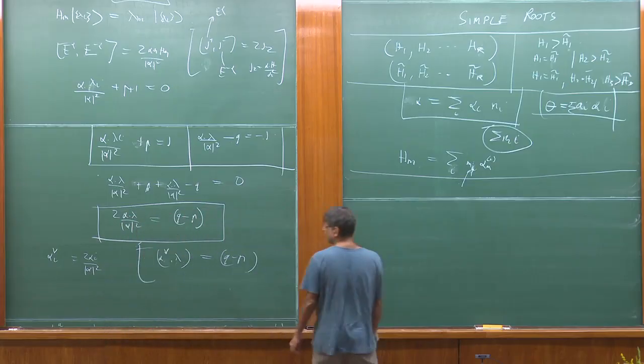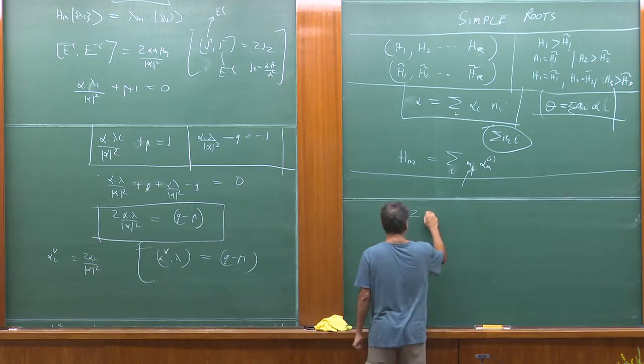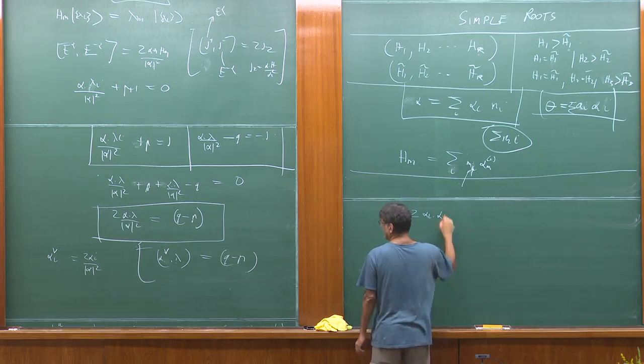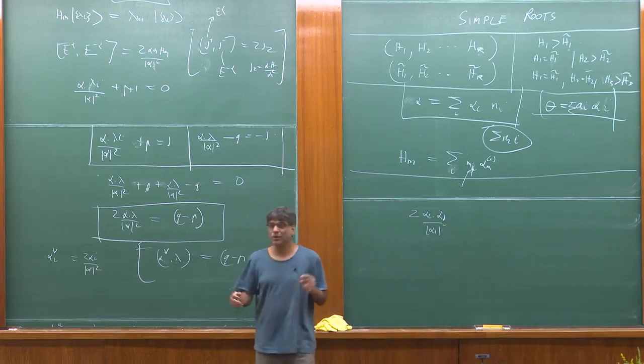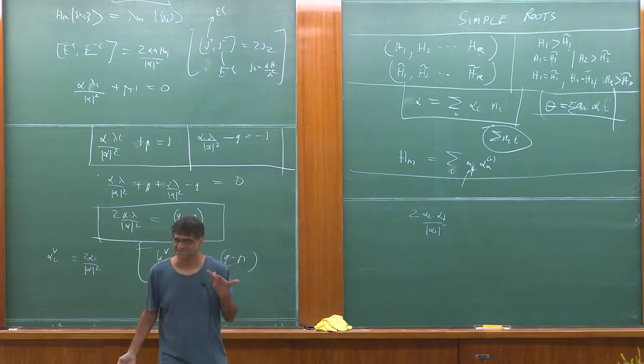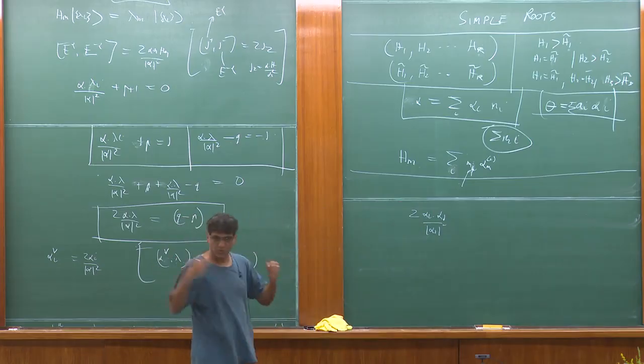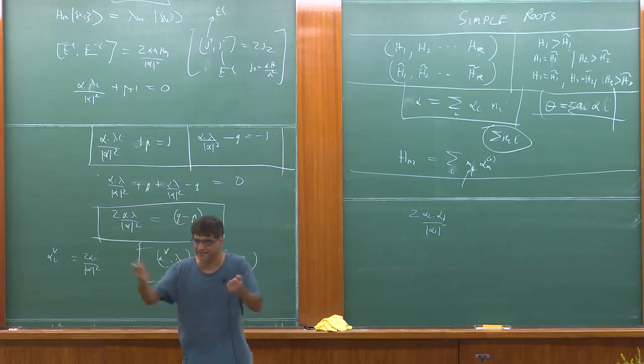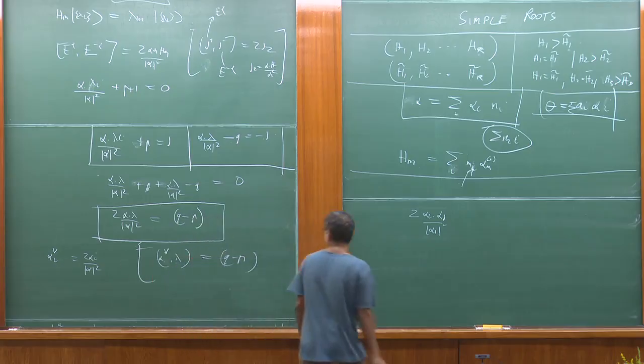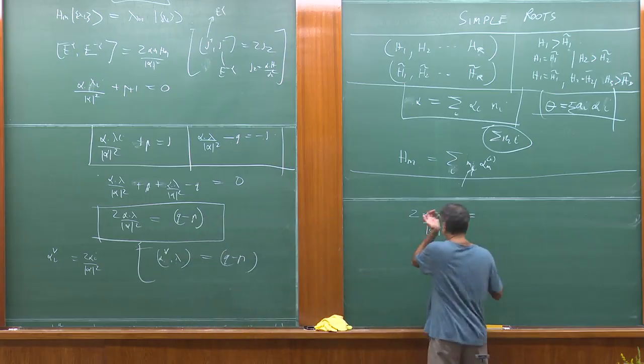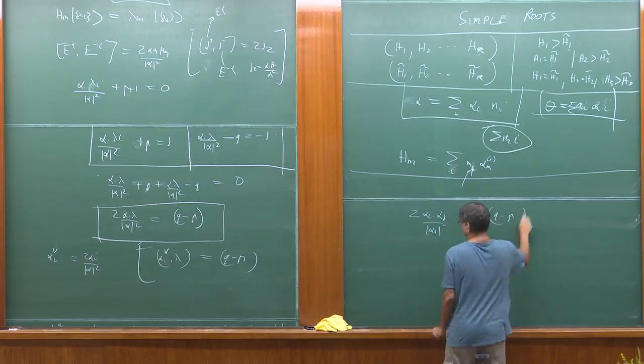Let's say that 2 alpha_i dot alpha_j divided by mod alpha_j squared, where j is the root index. These roots are themselves vectors, the ith and jth roots. This thing is some q minus p.